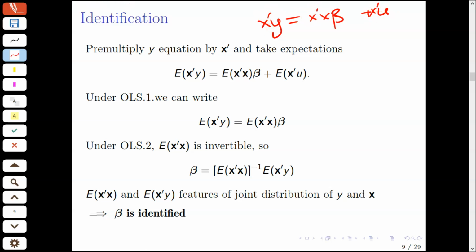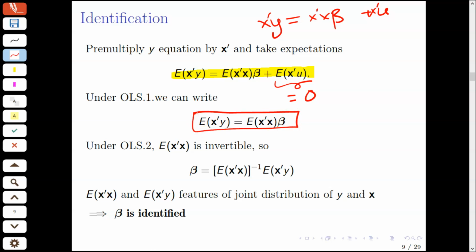And calculating expectations on both sides of that equation, we arrive at the displayed equation. Now, under the first OLS assumption, which states that the unobservable term and the regressors are uncorrelated, the latter part of the right-hand side drops out, and we're left with this.